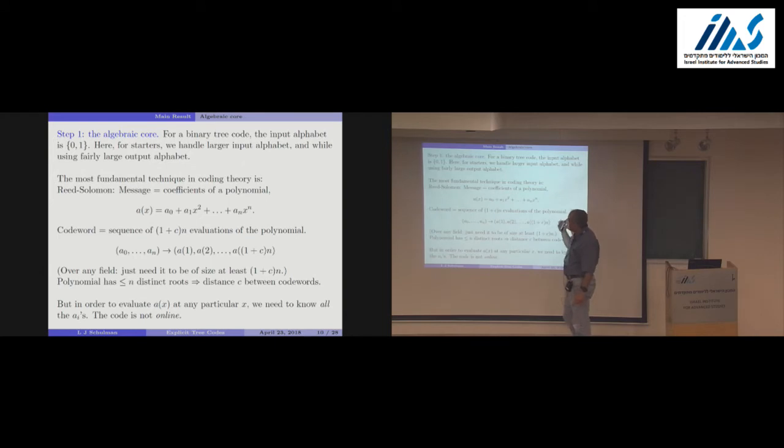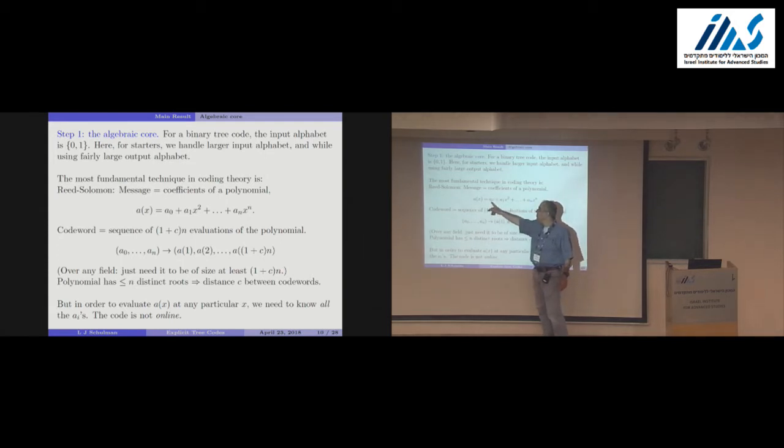If there's one thing you need to know about coding theory, it's Reed-Solomon codes, which work as follows. Just so I don't really know what people know. How do you encode a message in a Reed-Solomon code?